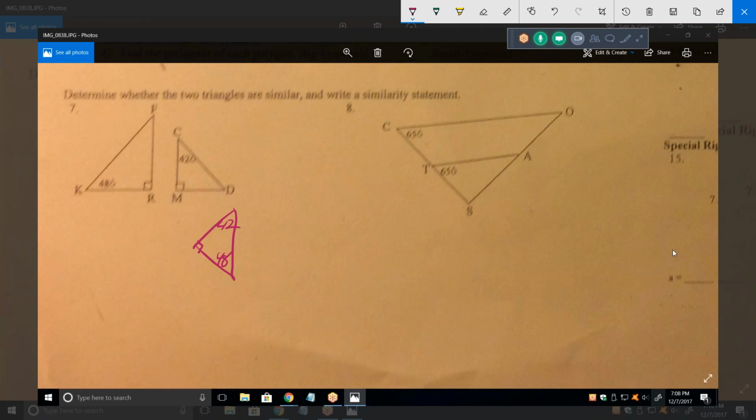Okay, how about number 8? The 2 triangles they're talking about in 8 are this one and this one. Are those similar?